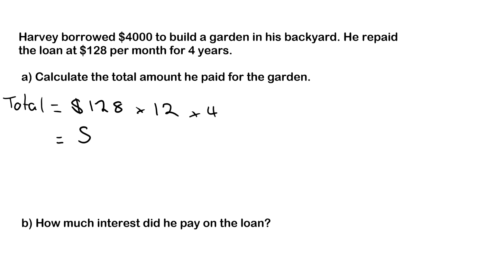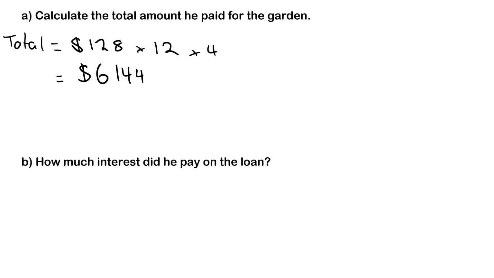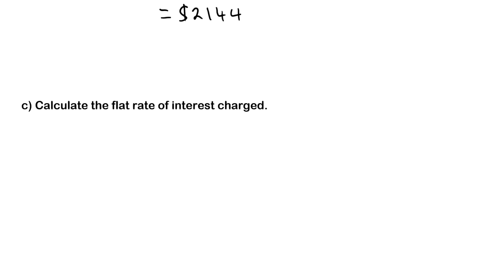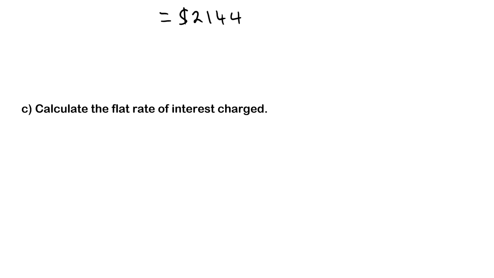We end up with 6,144. To calculate how much interest he paid on the loan, that's our total, 6,144, take away how much he borrowed, which was 4,000. So he ended up paying an extra $2,144.